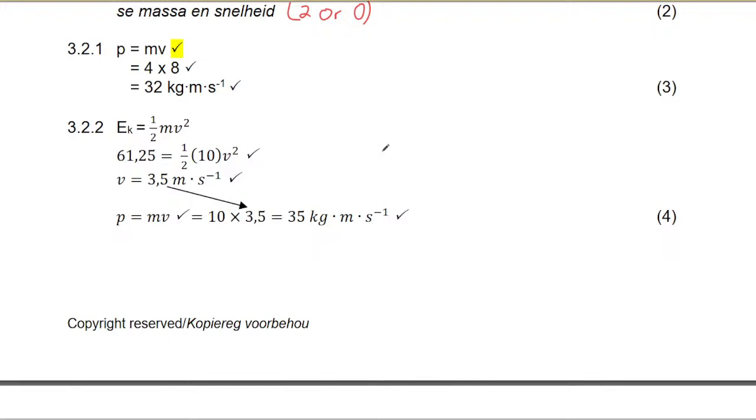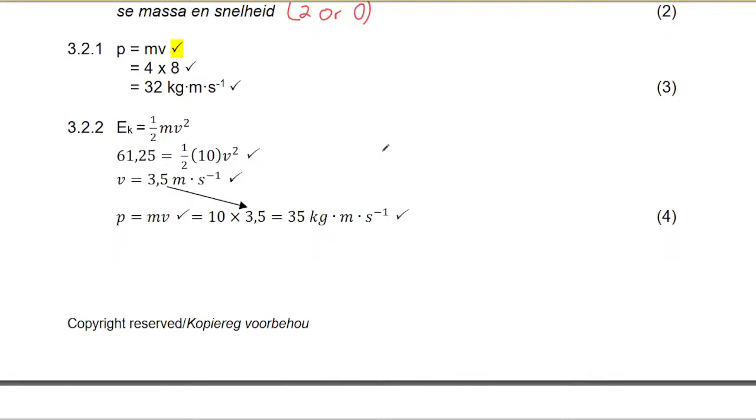So the learner will get a mark for the equation, but if 3.5 is incorrect, the learner will forfeit the other mark for the final answer. Because even if 3.5 was incorrect, it does not have any effect on the answer as such, because the answer must remain 35 kilogram meters per second. So that positive marking is not going to bear any effect on this question.